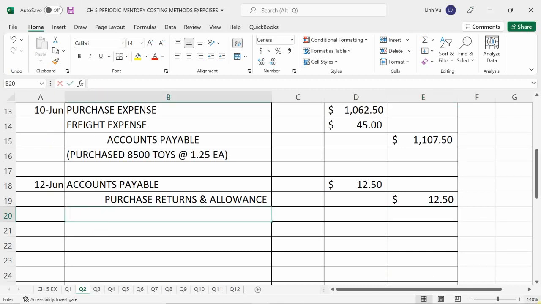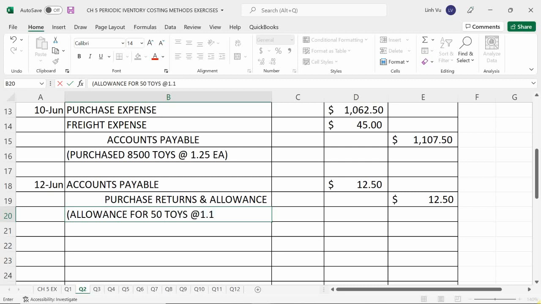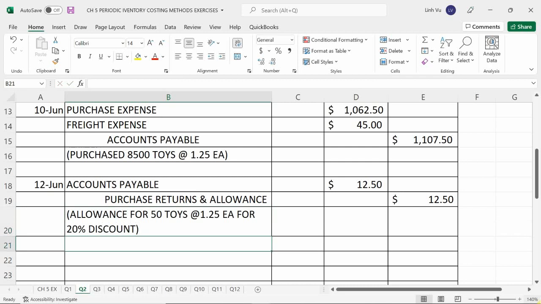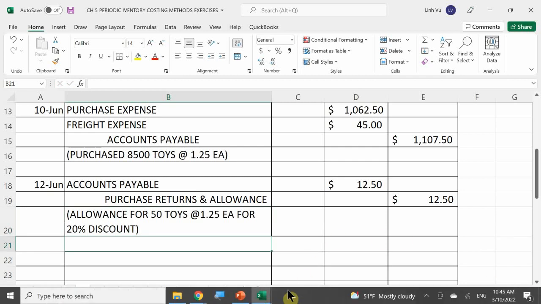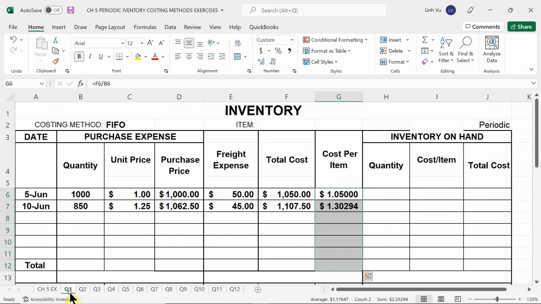So in this case, you're going to write allowance for 50 toys at $1.25 each for 20% discount. Okay? So then how do I do that in my table?